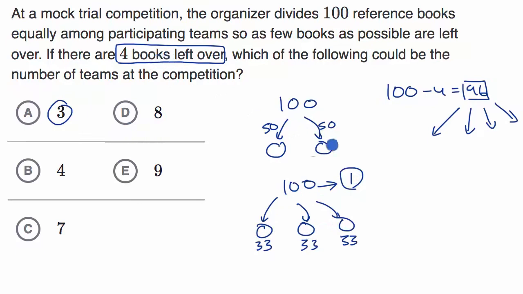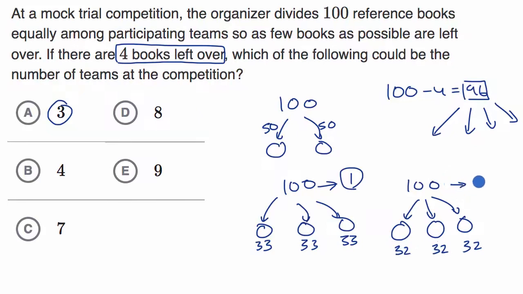Why is that? Because if you had 100 and you split it into 3 teams, and you were to just distribute these 96, you would have 32, 32, and 32, and then 4 left over. Remember, you're trying to give all the teams as many books as possible, where it's equally divided, so you minimize the amount that's left over.